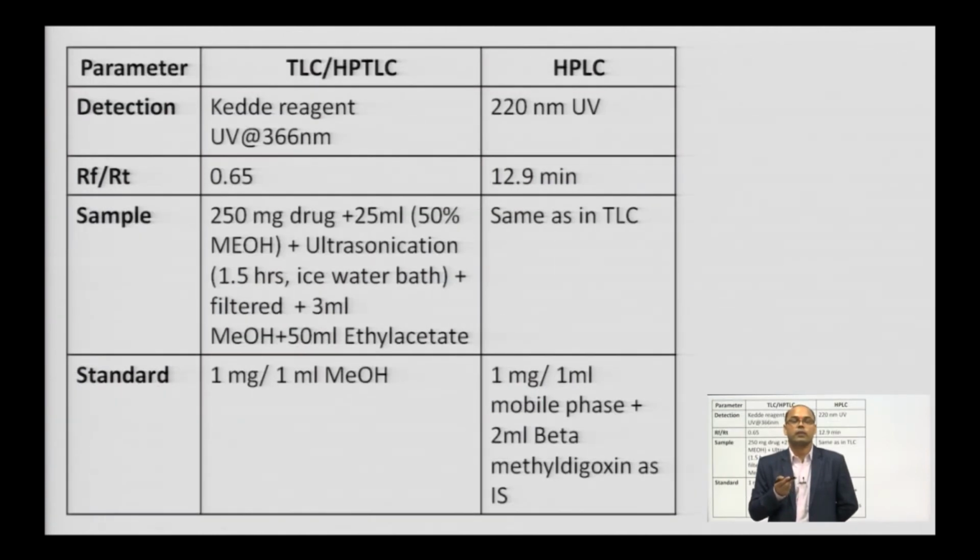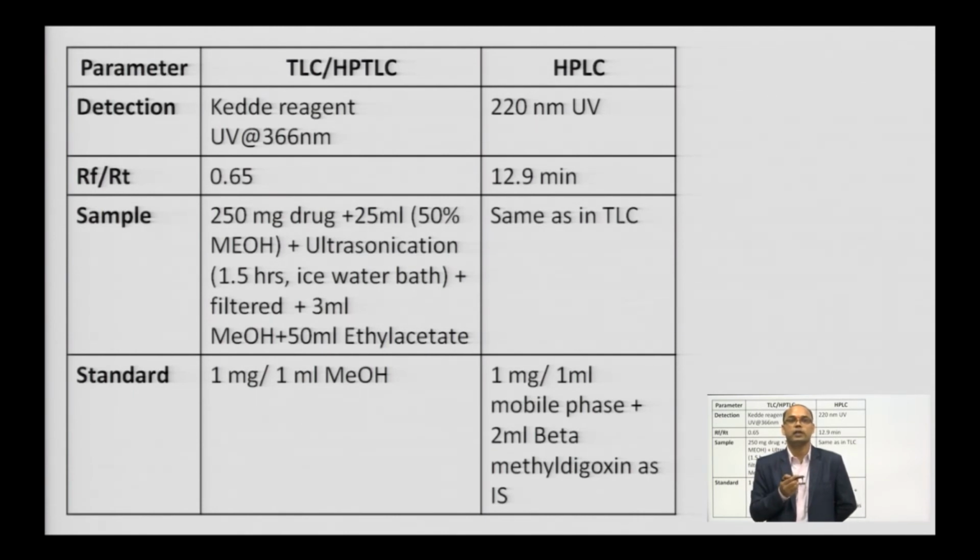Moving on to the detection of your developed TLC plate. If you have developed the TLC and got the chromatogram, in case you are unable to visualize the spots with your naked eyes, you can utilize a derivatization technique for visualization of your phytoconstituent on the TLC.